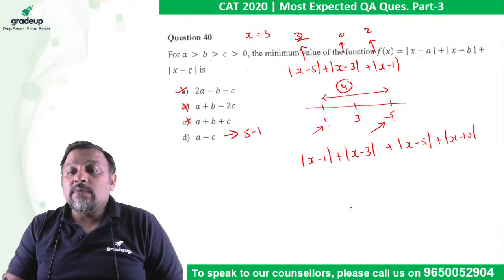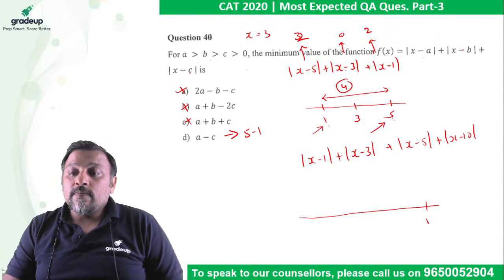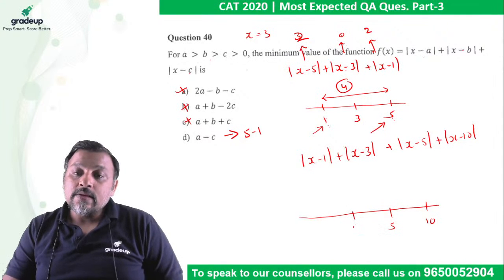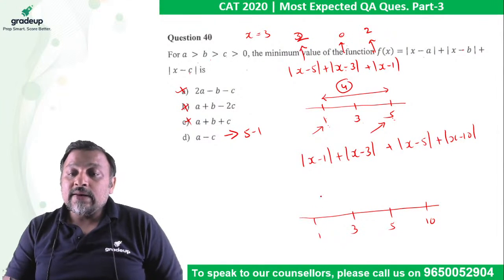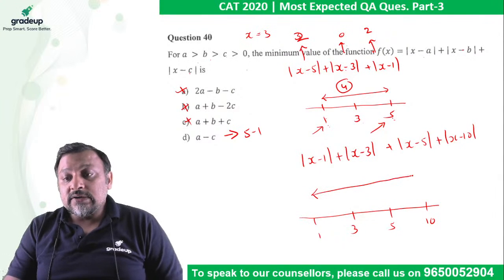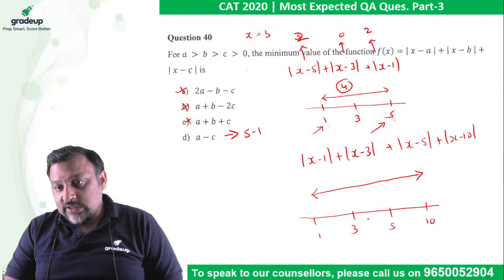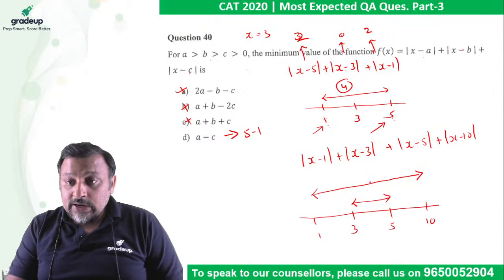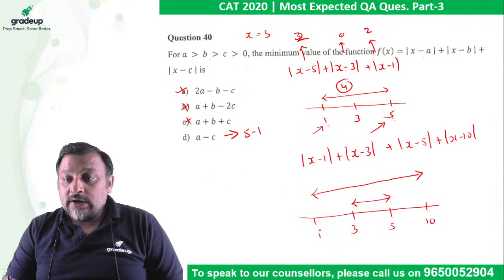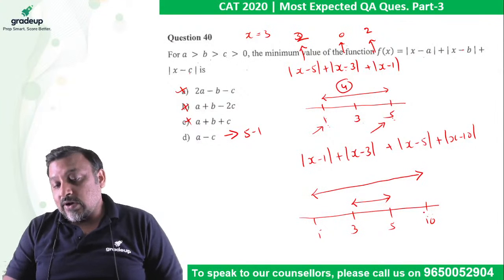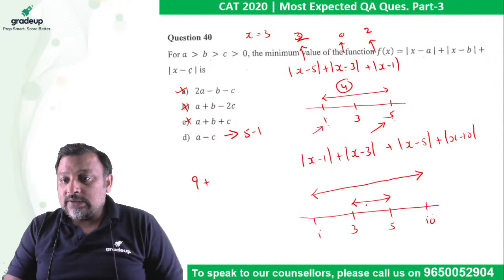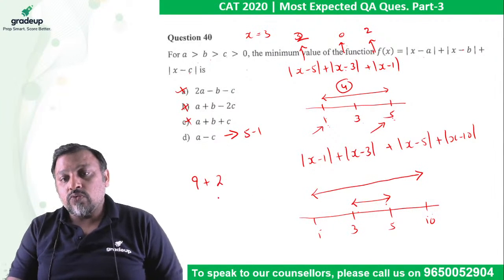If I have an even number of points, then the minimum value is the distance between these two points plus the distance between these two points. So the minimum value in this case would be the distance between 1 and 10, which is 9, plus this distance, which is 2.